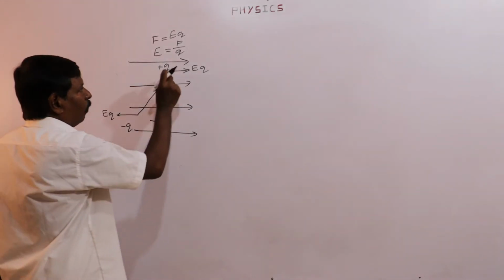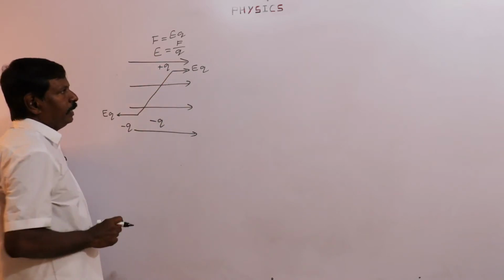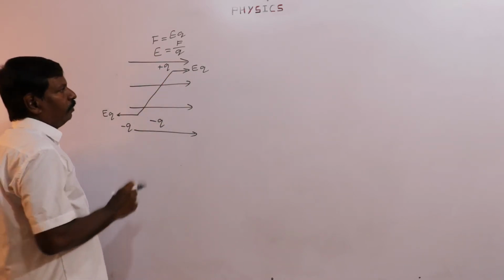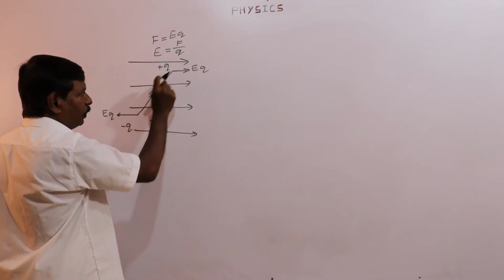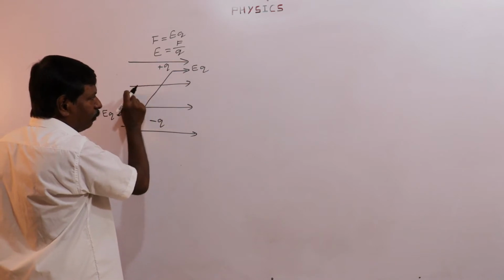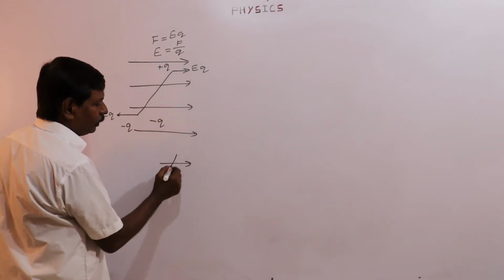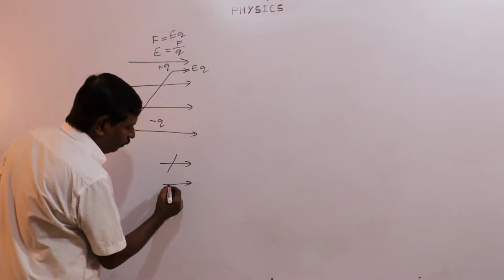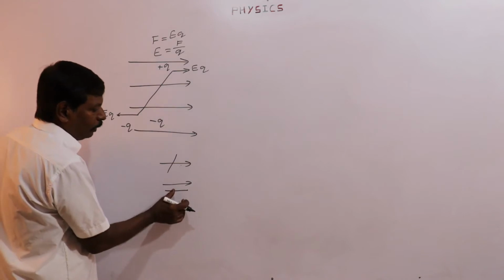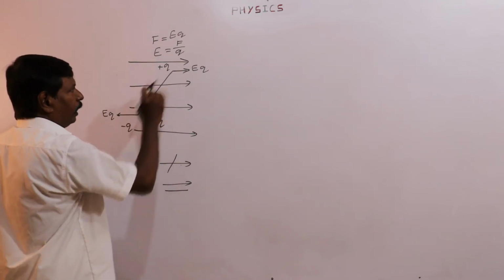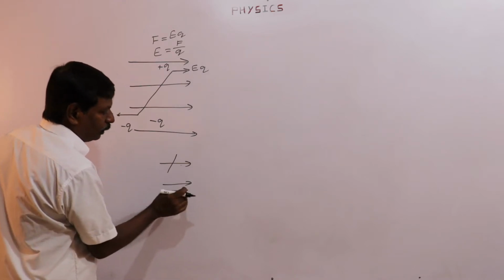So the forces act at two points, and the electric dipole experiences a torque which tends to align the electric dipole in the direction of the electric field, that is, to bring it parallel to the field.